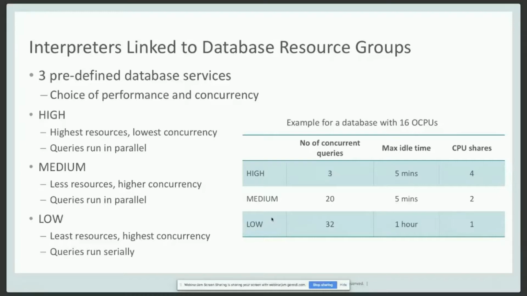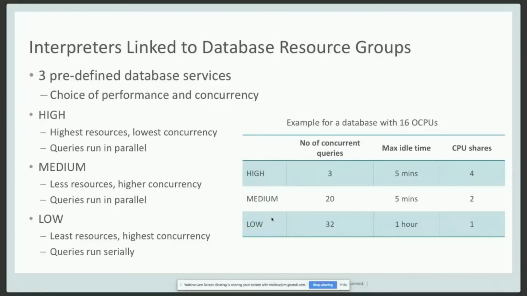In high and medium, we'll run queries using parallel execution capabilities. Obviously, as you move queries up between low, medium, and high, the number of queries that we can run concurrently decreases. With low resource requirements from queries coming in, we can run lots and lots of concurrent queries.